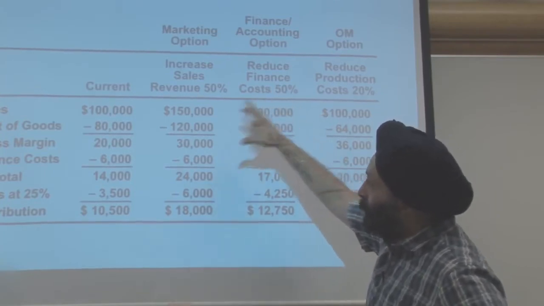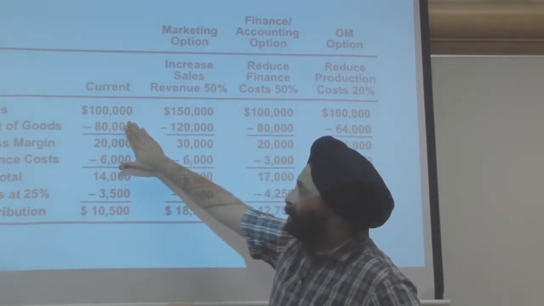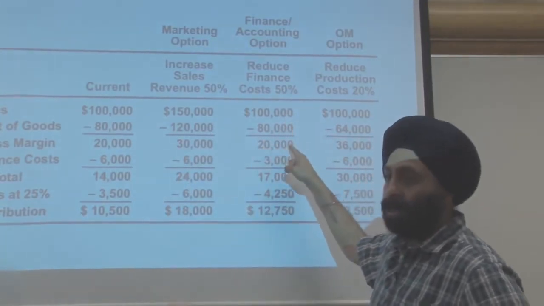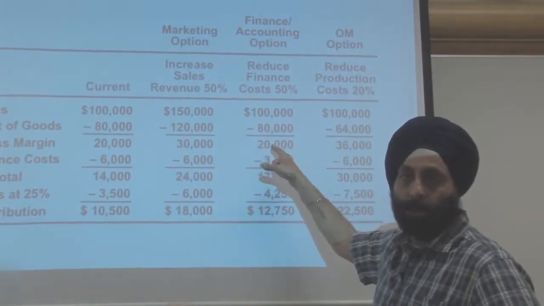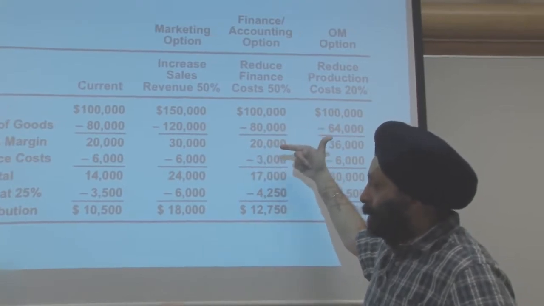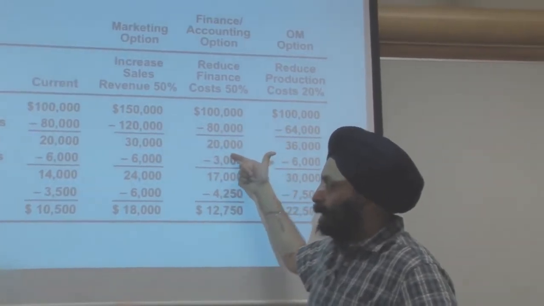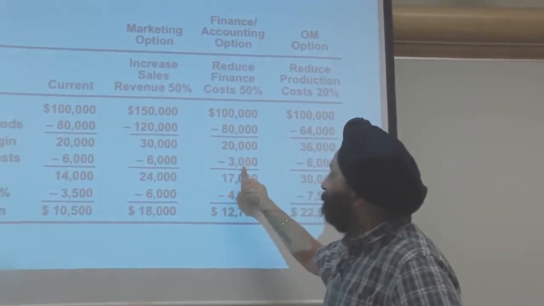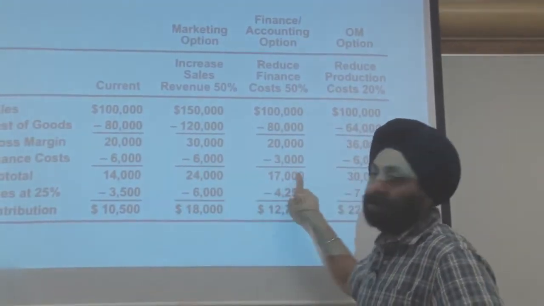So in this case, you have the same $100,000 sales figure, nothing changed over here, which gives you a cost of goods sold of 80,000. We have the gross margin of 20,000. Now our finance cost is down by 50%, so instead of 6,000, we have 3,000.